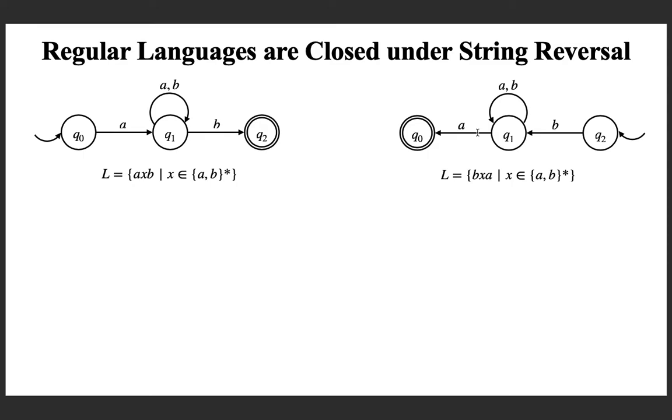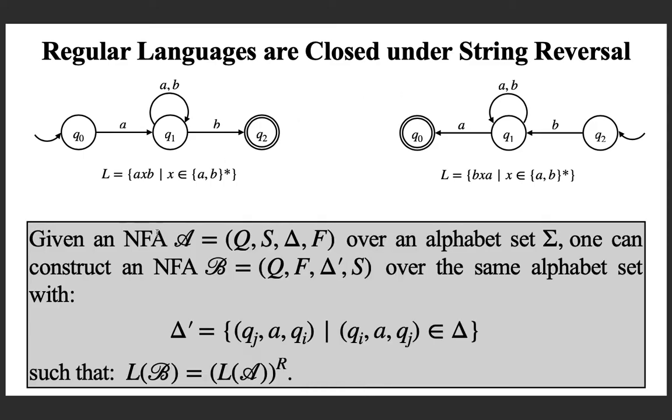So now we can try to formalize. How can you prove that the reverse of a language is regular? So this is the formalization. Given an NFA, capital A is a quadruple: capital Q, capital S, capital delta, capital F. Recall that in an NFA there may be one or more initial states.